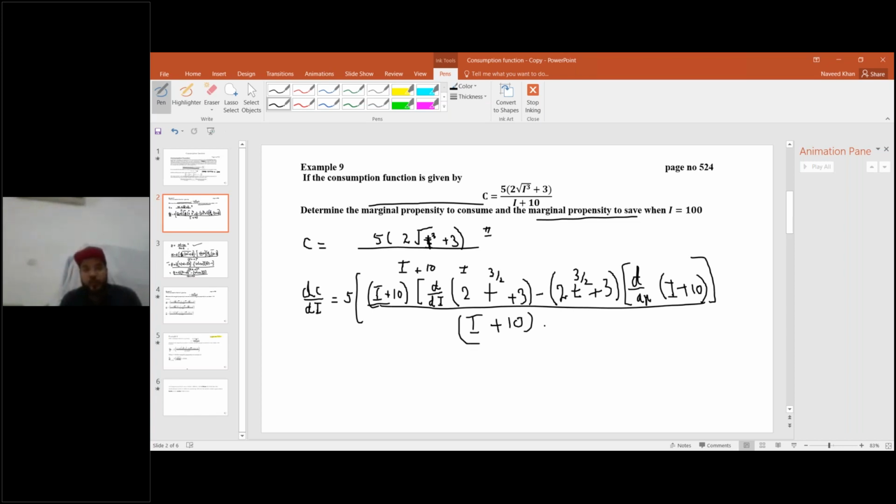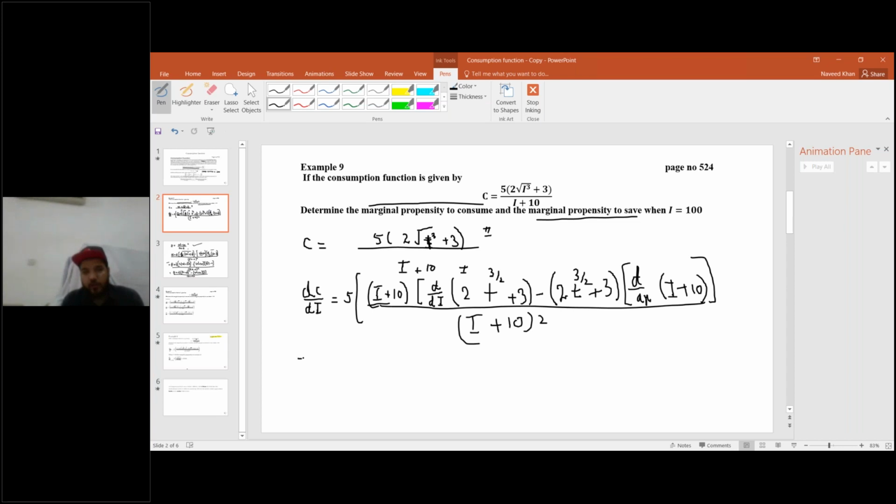So first function derivative of the second function minus second function derivative of the first function.